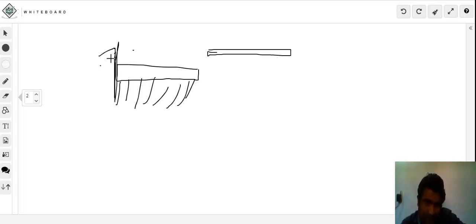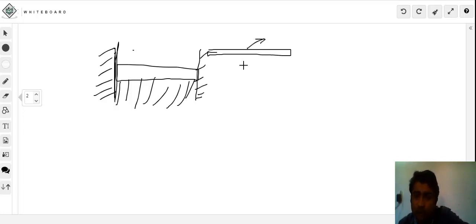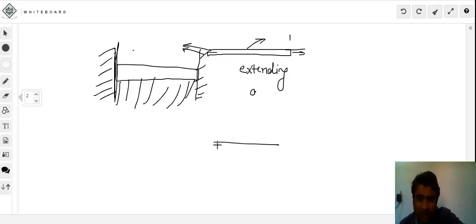Initially there was no opposition to this extension. When the rod was extending due to thermal expansion, there was no obstacle, it was free to move on this side also and on this side also. But now I have just fixed these two ends.